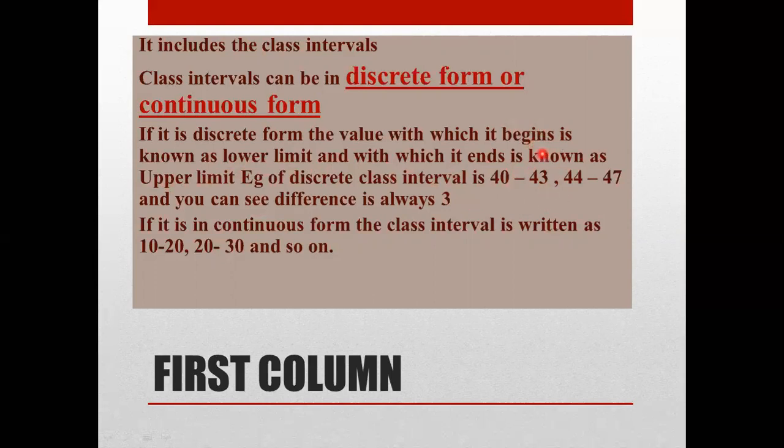So you can see this is the upper limit for the first class interval, and this is the lower limit of the second class interval. When the upper limit of the first class interval and the lower limit of the second class interval are not the same, then that particular class interval is in discrete form.